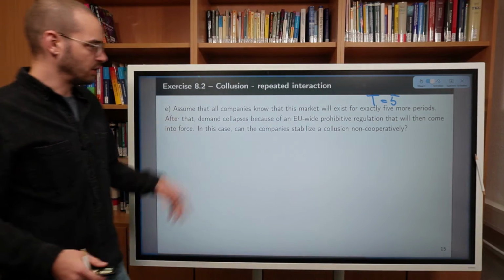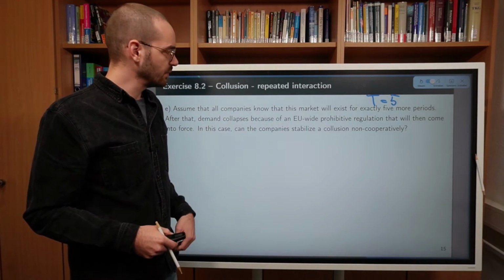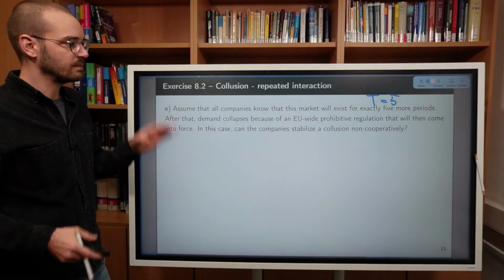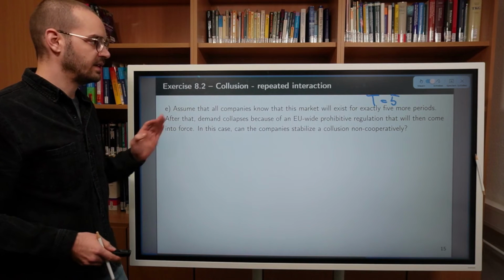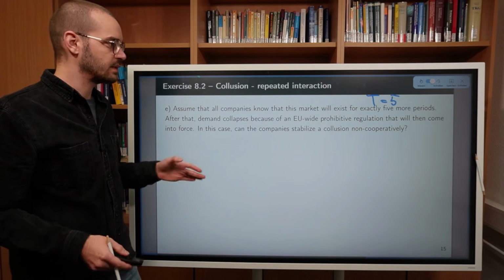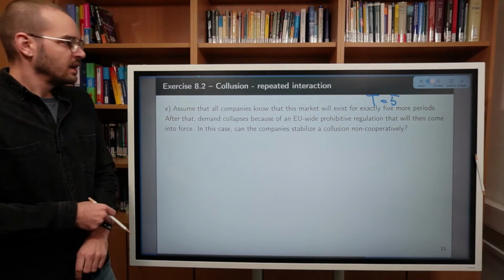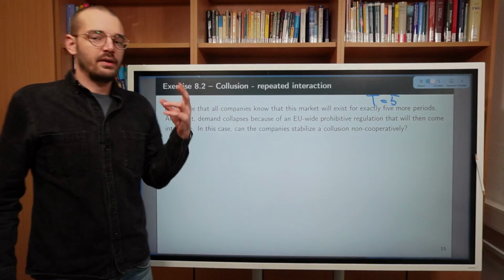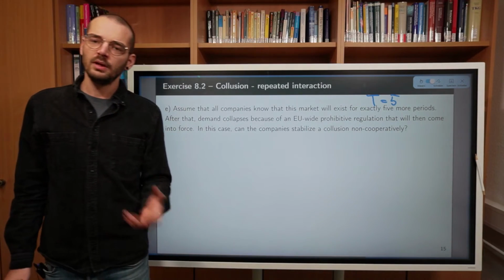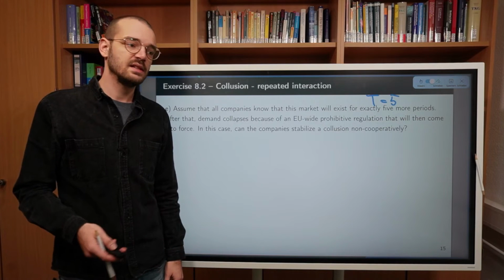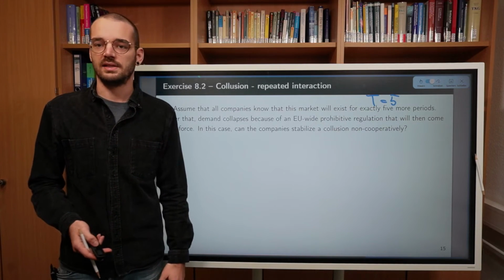After that, demand collapses. There's some reasoning behind this. Does not even matter what exactly it is. It's just there is no market afterwards. There is a final period, after which this market ceases to exist. Now, in this scenario, where firms can already anticipate that there will be a final period for this market, is it even possible to stabilize collusion?